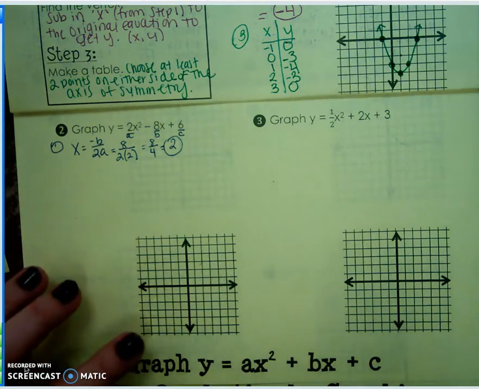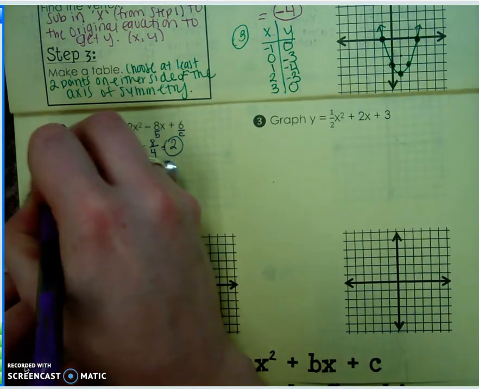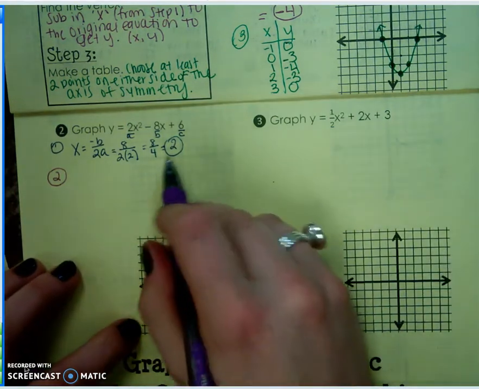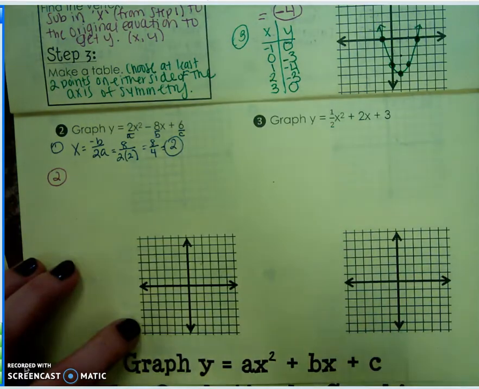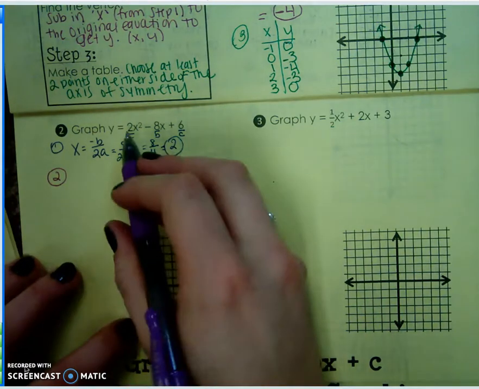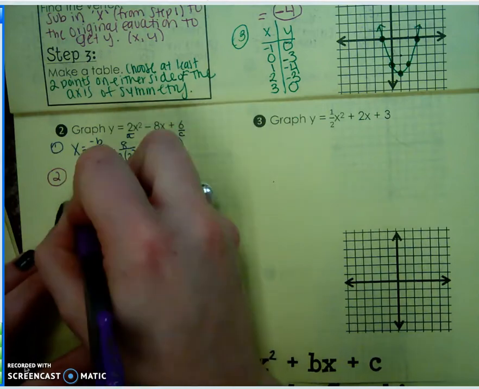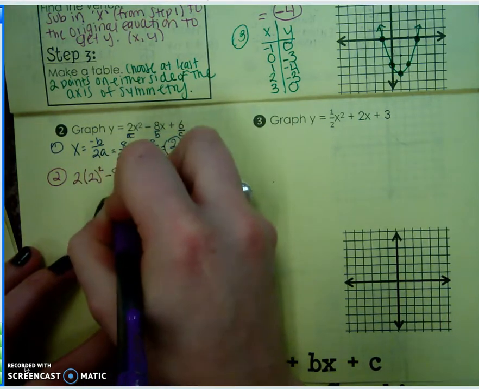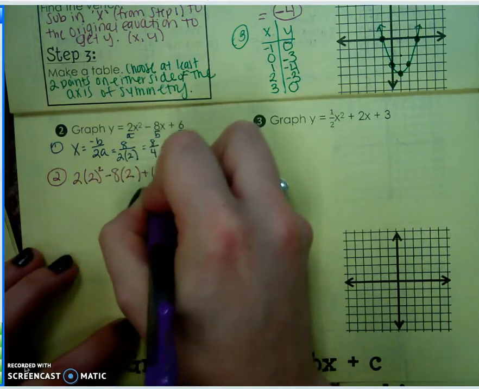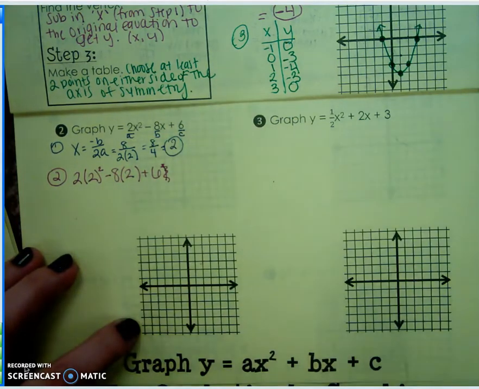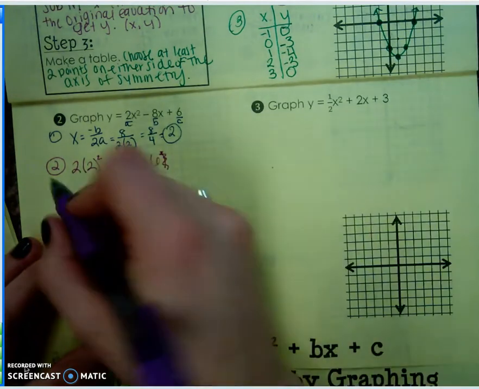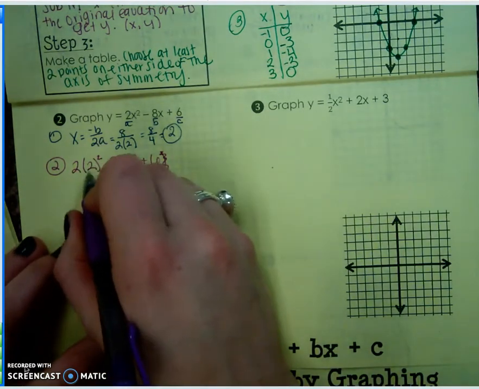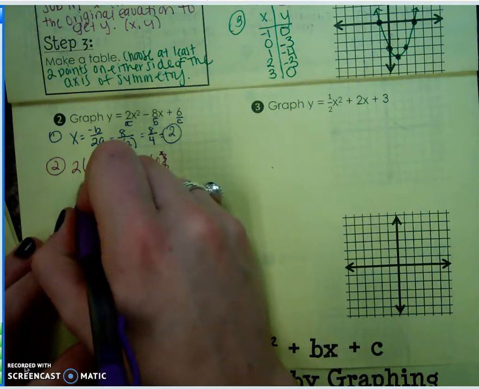In step 2, we're going to find that vertex. We're given the x value here, so we're going to use that. We're going to plug it into the original equation. I'm subbing in 2 for x. So 2 squared is 4, times 2 is 8.